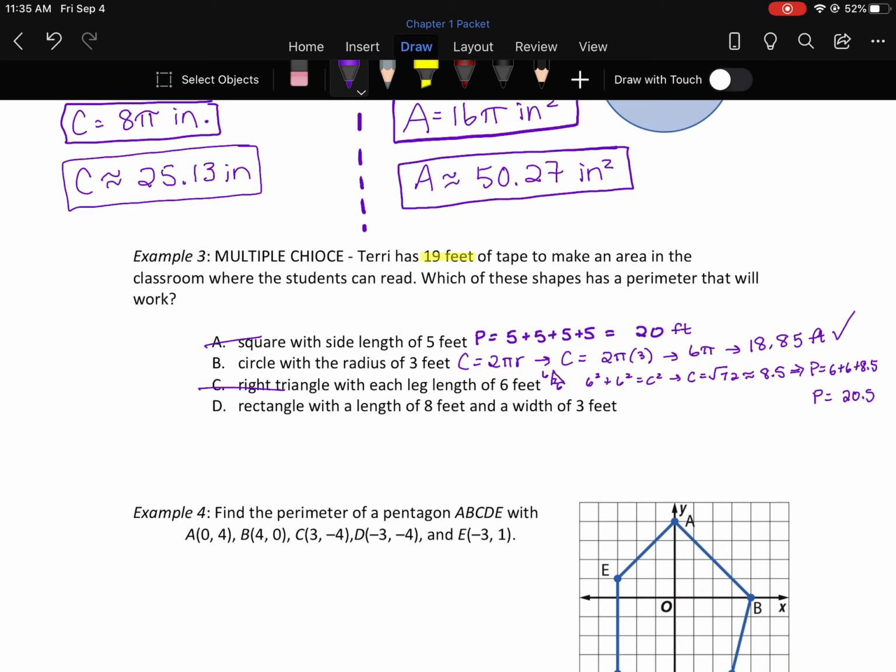And D, it says a rectangle with a length of 8 feet and a width of 3 feet. So we could do perimeter is 2 times 8 plus 2 times 3. So we get 16 plus 6. That's already too big. We get 22 feet, which is too much. So it does appear that B was our correct answer.